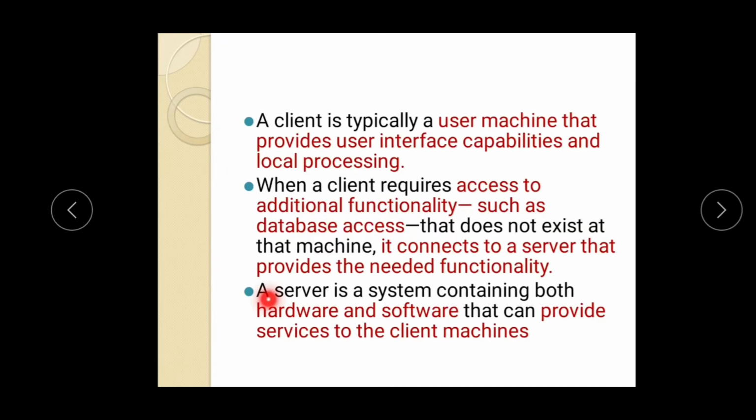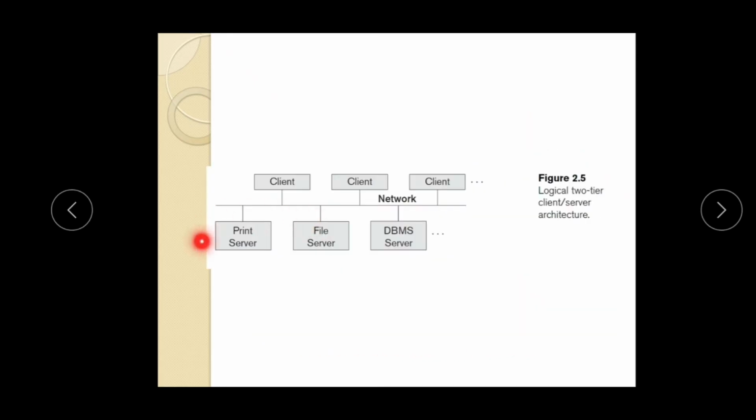A server is a system containing both hardware and software that can provide services to the client. So what does the server contain? Servers are nothing but machines, computers with high processing capability and high storage capability. They also have many software for accepting requests, processing them, and giving responses.